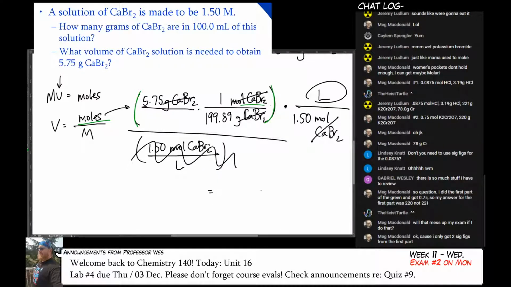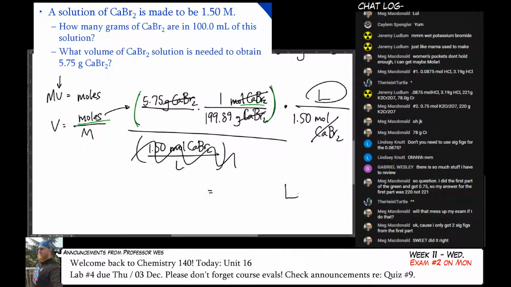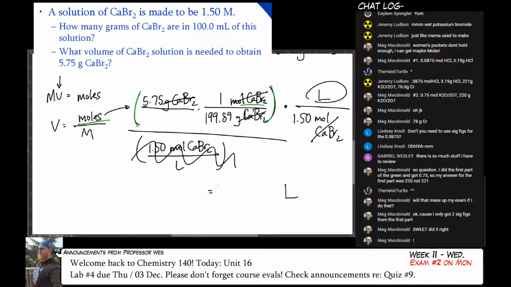So when I punch all that out, I will get a value in liters. 5.75 divided by parentheses 199.89 times 1.5. And I get 0.0192 liters, or 19.2 milliliters.